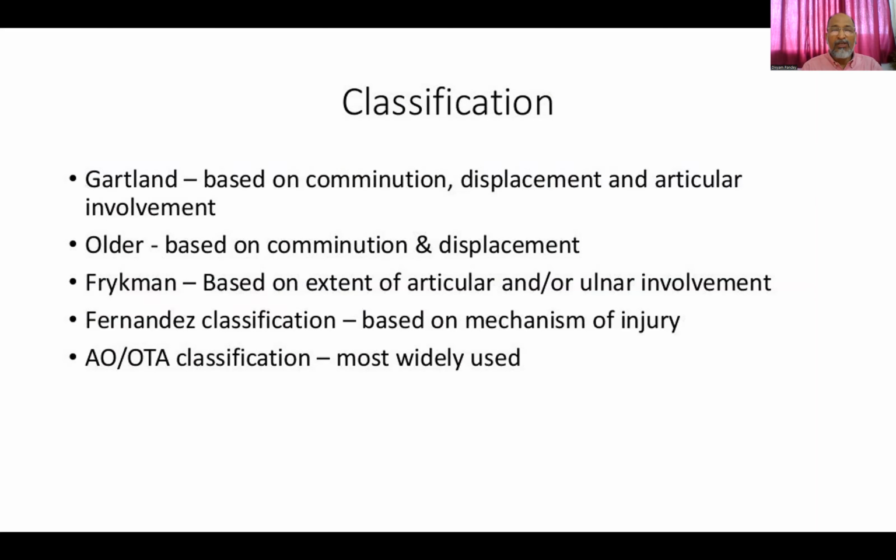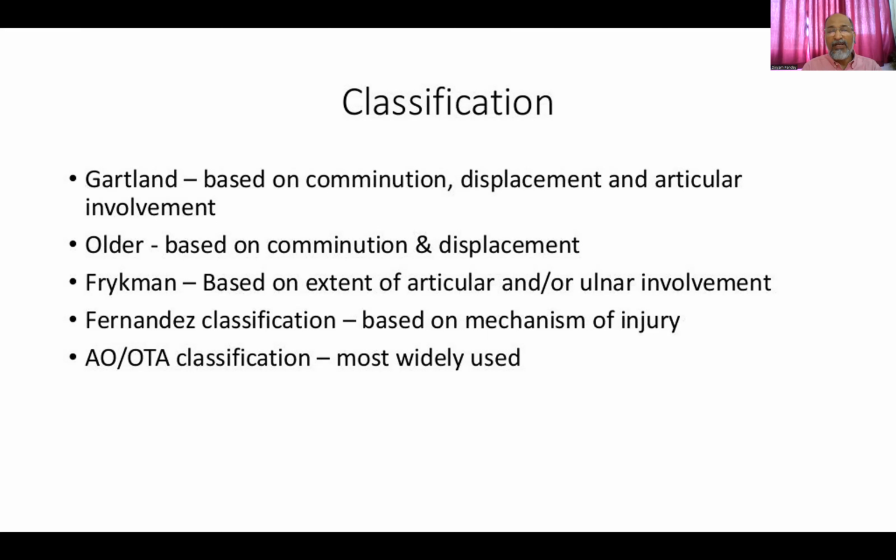Then you have classifications given by different orthopedic surgeons, researchers or scientists. To name them, here are the guidelines classification, which is based on the combination, displacement, and articular involvement. Then you have an older one, based on the combination and the displacement. Then you have the Frykman classification, which is based on the extent of articular and ulnar involvement. Ulnar involvement may or may not be there, and accordingly Frykman has given type 1, type 2, type 3, and type 4.